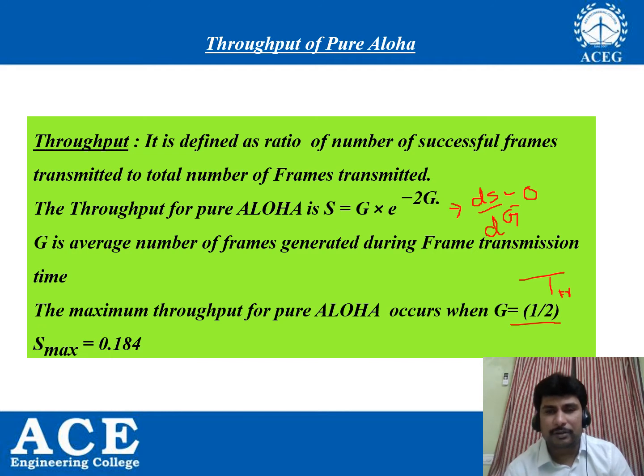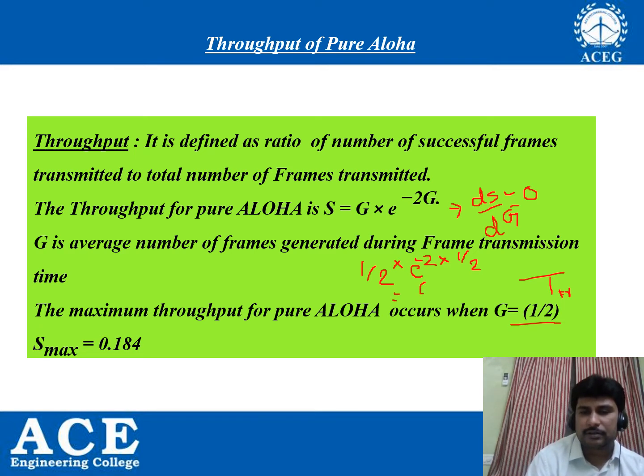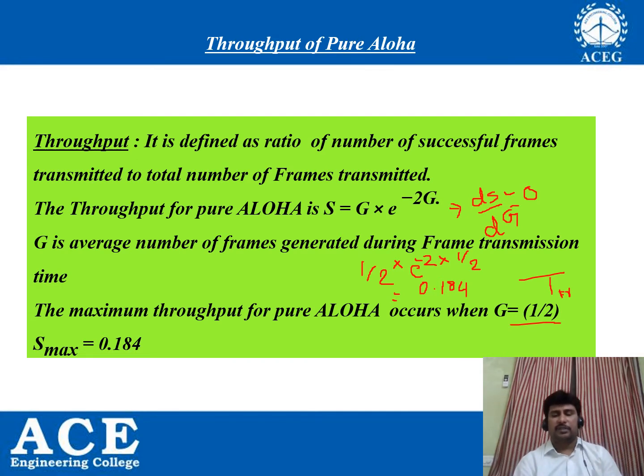Once you get G equal to 1 by 2, substitute it here. So we get G, 1 by 2, into e power minus 2 into 1 by 2. So we are going to get half into e power minus 1 finally, which is equal to 0.184. So this is how we derive the expression for throughput of pure Aloha.